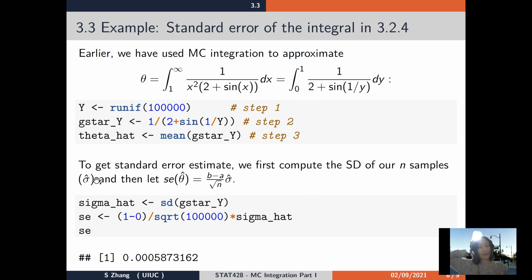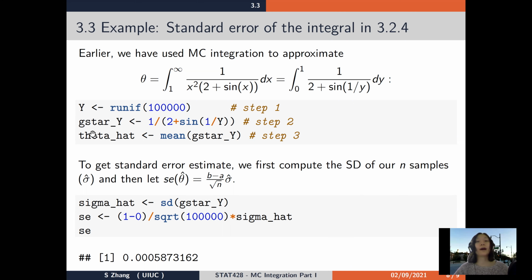And then we will transform that, using the formula that the SE of theta hat is equal to b minus a divided by square root of n times the sigma hat. So the sigma hat here, to implement it in R, is simply the sample standard deviation of our g stars of y's.